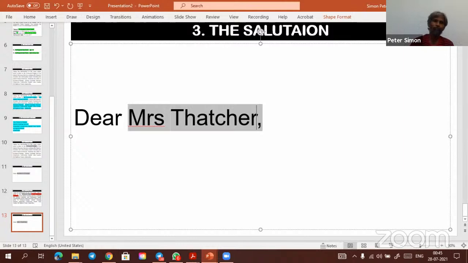That's it. So that means there are two options of salutation. One is according to the person's name, and the second one is not according to the person's name. So first one is personal, second one is professional. Professional salutation and personal salutation. Person means along with the name of the person. Professional means along with the name of the profession. So two types of salutations are there.